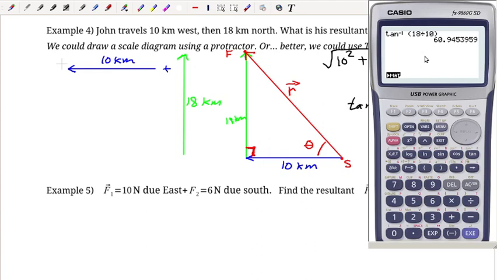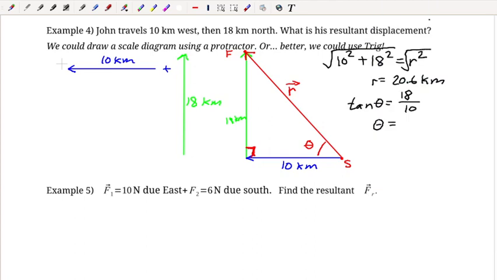Because I started with 3 sig figs with my R, I'm going to stick to 3 sig figs. But if you did 21 kilometers for your magnitude, then you could do 2 sig figs here. So this is either going to be 61 degrees or 60.9 degrees, depending on 2 or 3 sig figs. I'm going to use the 60.9. So here we go, 60.9 degrees.